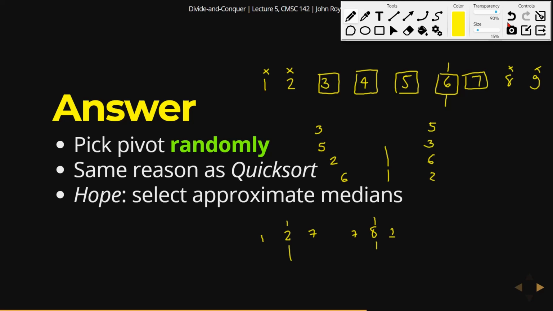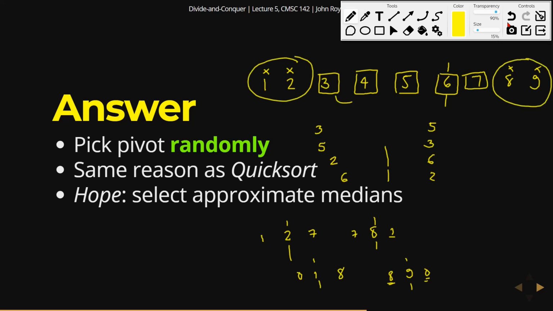So very imbalanced. And then the worst, of course, is 1 and 9, because if it's 1, there's nothing here and everything to the right. And then for 9, the opposite. There's nothing on the right and everything is on the left. You have 8 on the left. 8, 0.